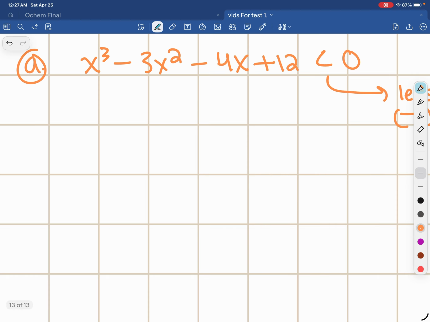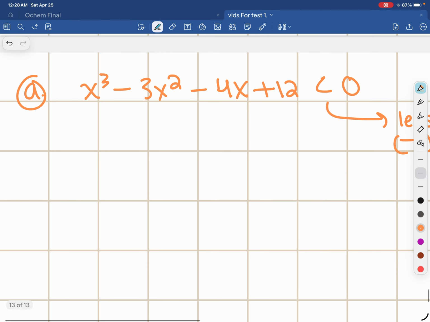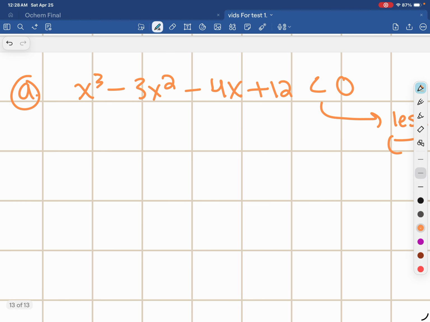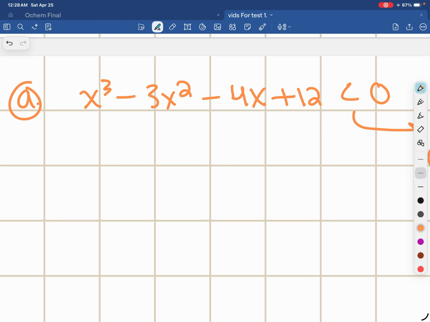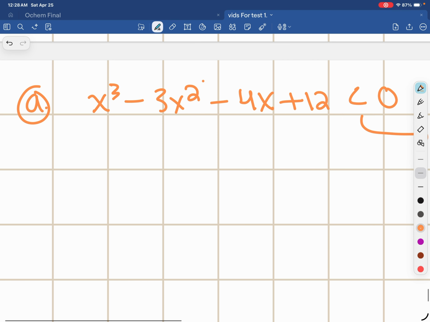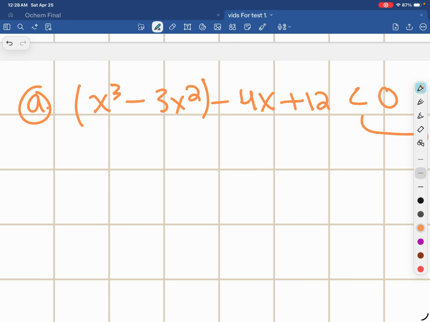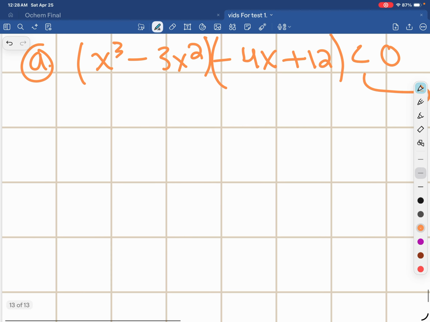So let's start off first by simplifying this equation. We should be able to condense it quite well. We're going to do this by factoring by grouping. So we take this term and this term and then factor accordingly.